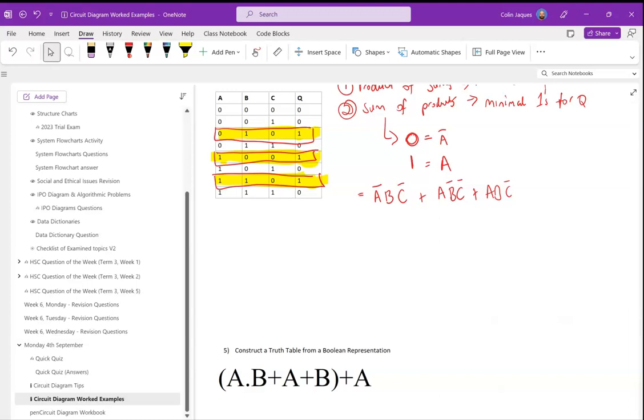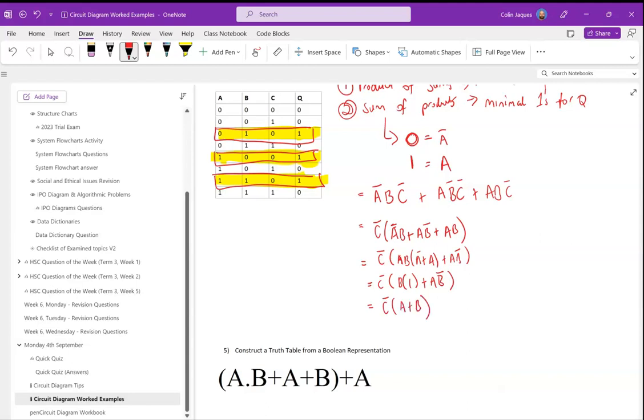So with the power of technology, I'm going to simplify this really quickly for you now. And that's it. So we've turned this into now a more simplified part.